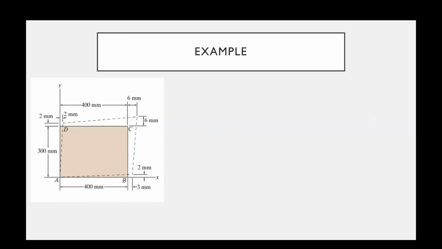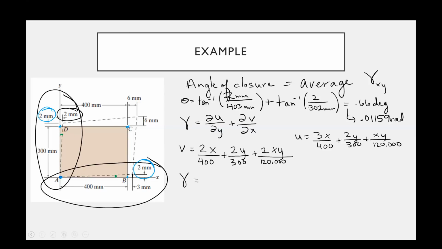So that was our u equation. Okay, so now we take the derivative of the u equation with respect to y. This term is 0. The remainder of the equation is 2 over 300 plus x over 120,000.